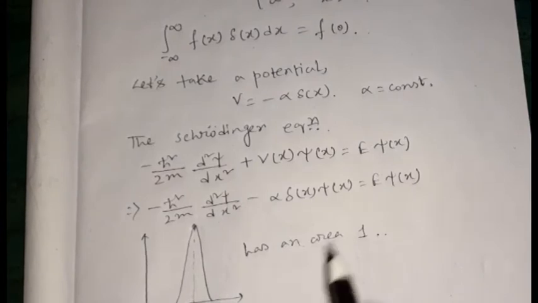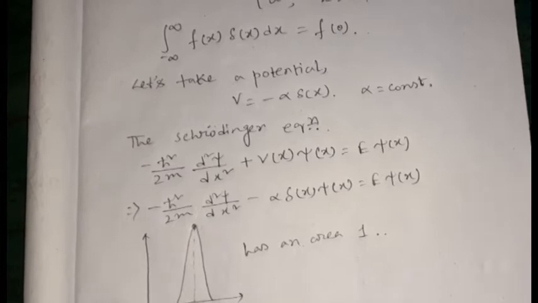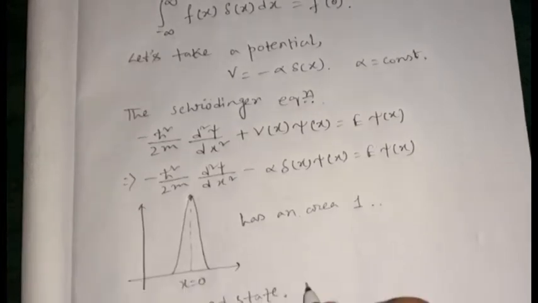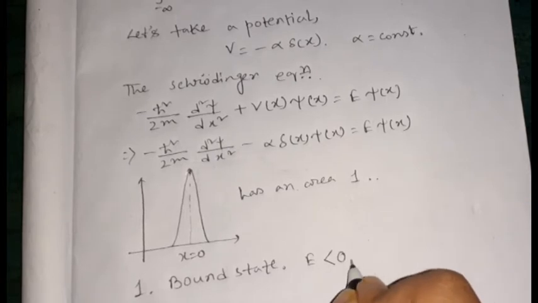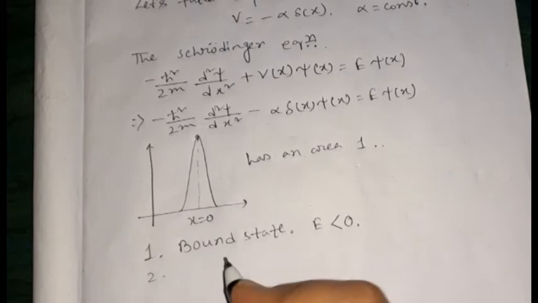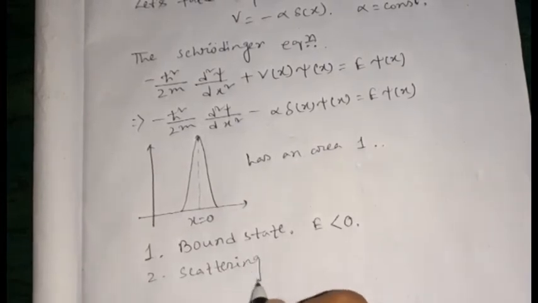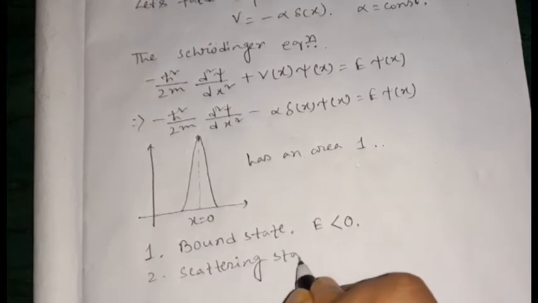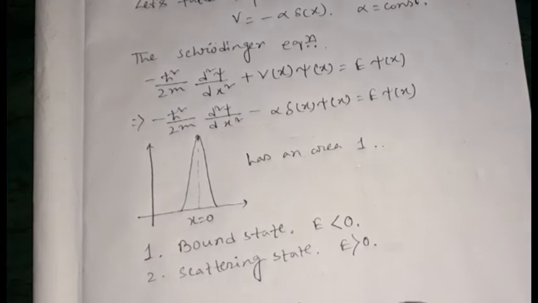So to solve this equation, first we have to solve it for two different cases. First case, for the bound state, where E is lesser than 0, and second case for the scattering state where E is greater than 0.